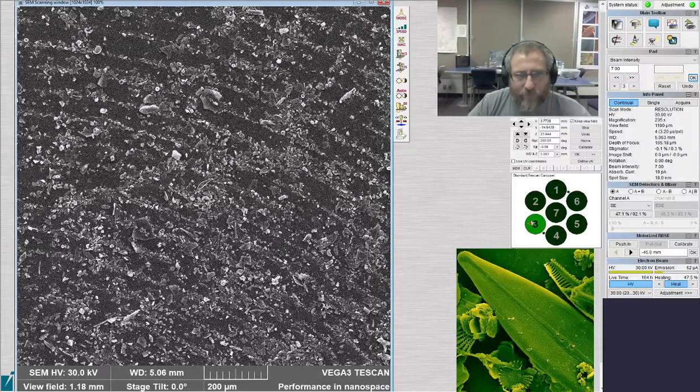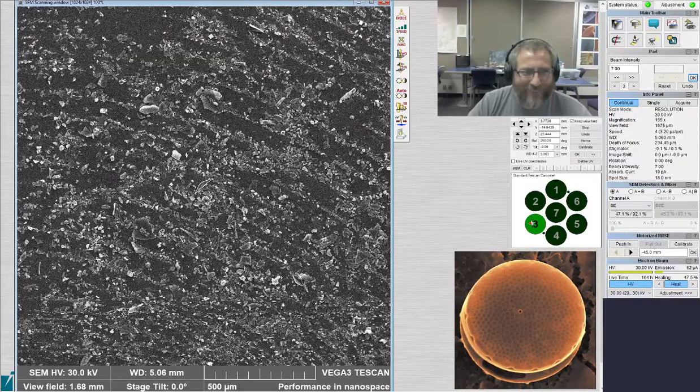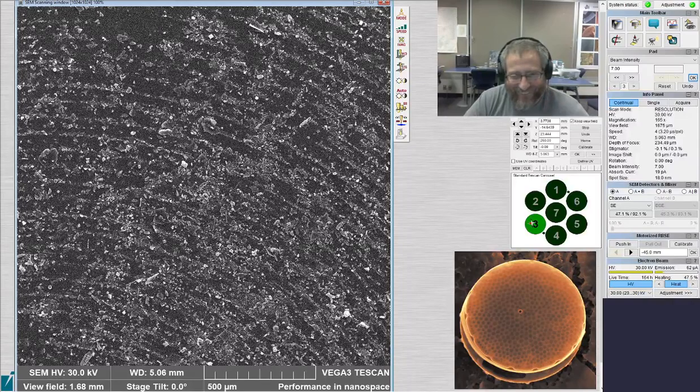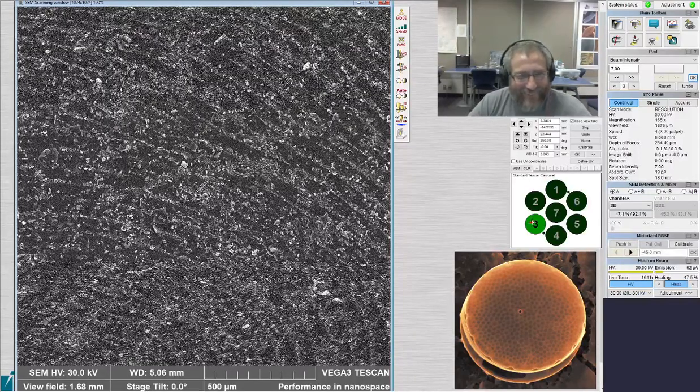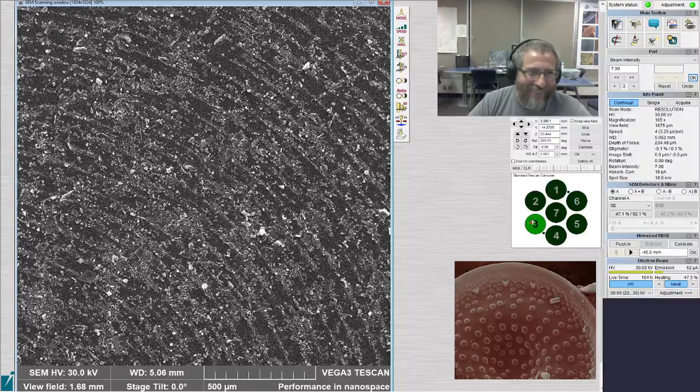The trouble with people who study diatoms is we're kind of mean to them. We cook them in acid, and we cook them in peroxide, and we sonicate them and stuff like that. So we typically try to separate those valves so we can study them better.